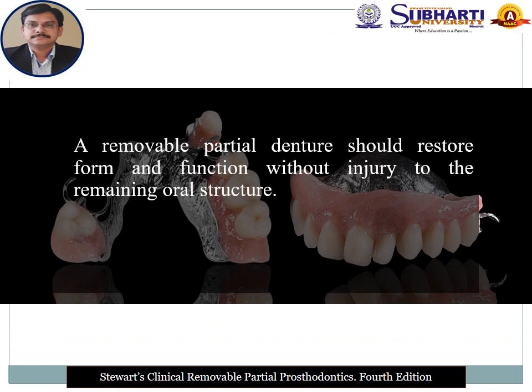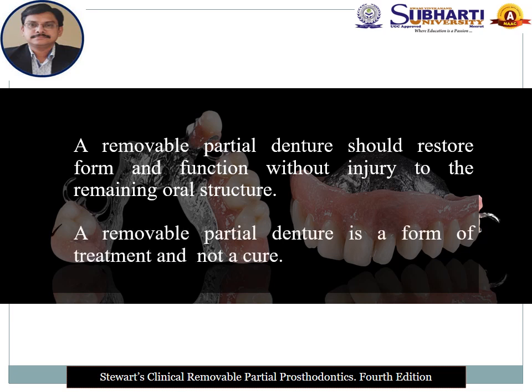A removable partial denture after the design must restore the form and function, and that too without injury to the remaining oral structure. Here also we have to follow the Devan's principle. And the last one, that removable partial denture designing is a form of treatment and it is not a cure. RPD, after proper designing, we can give for a prolonged period of time.